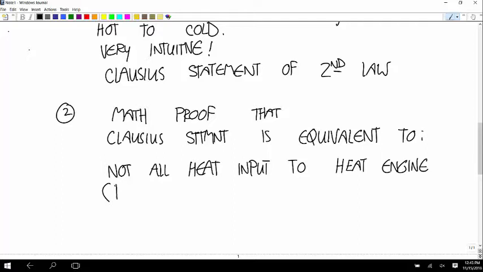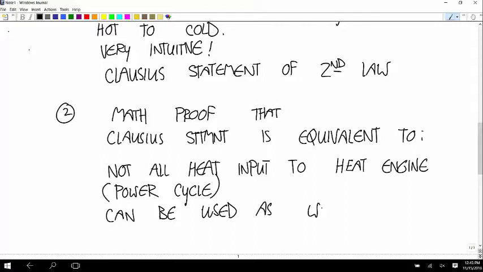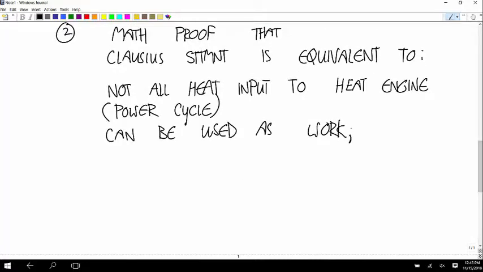By the way, a heat engine is the same thing as a power cycle. So not all the heat that's input to a heat engine can be used as work. Some of that heat is lost as exhaust, and there's no way to change that.